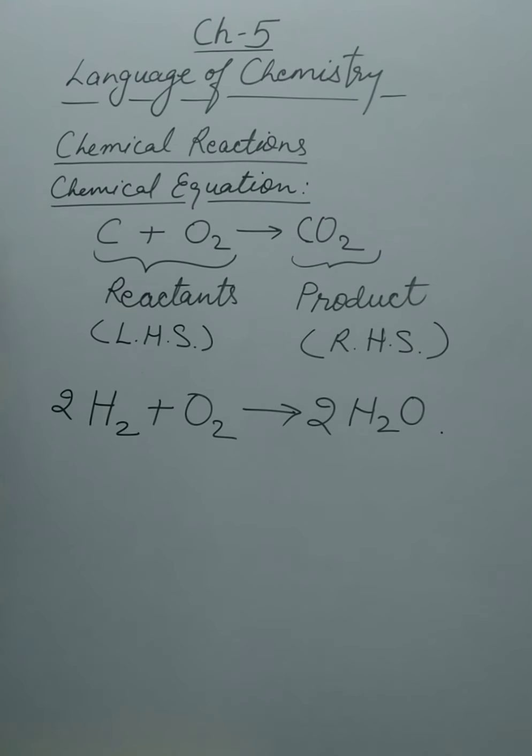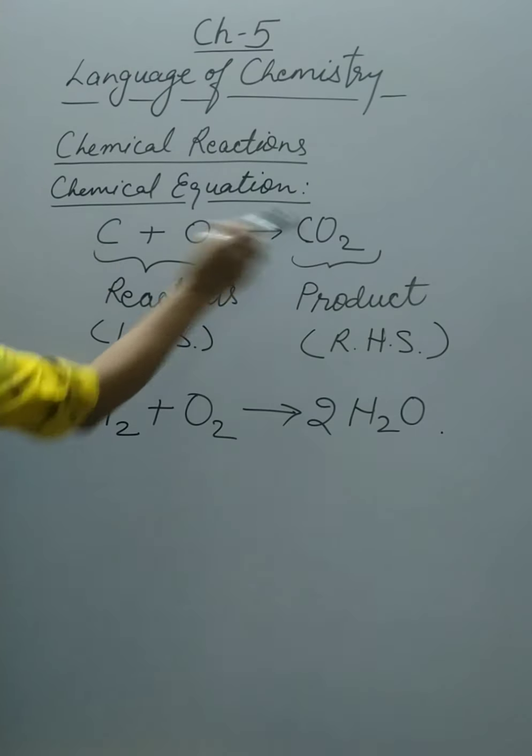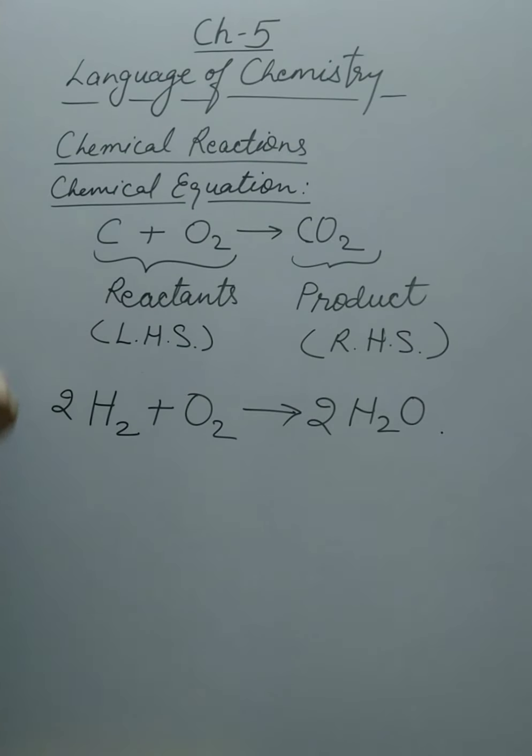Now let us have a look at the chemical equation in detail. Here is the example of the chemical equation for burning of coal, where C plus O2 gives CO2. This chemical equation can be divided into two parts.